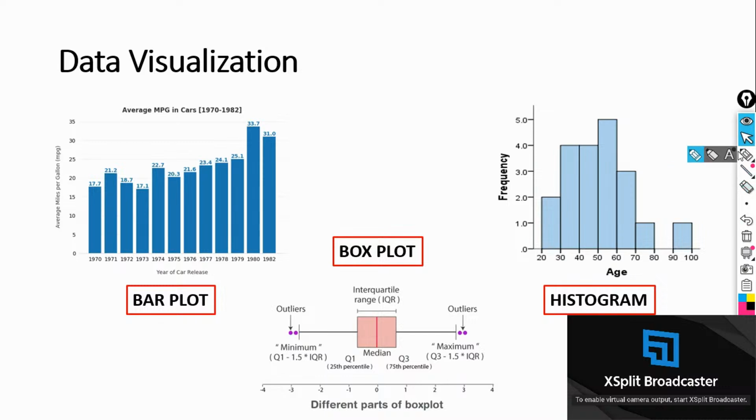So as part of CRISP-ML(Q), a project management methodology for any machine learning or deep learning project, there are 6 phases in total.